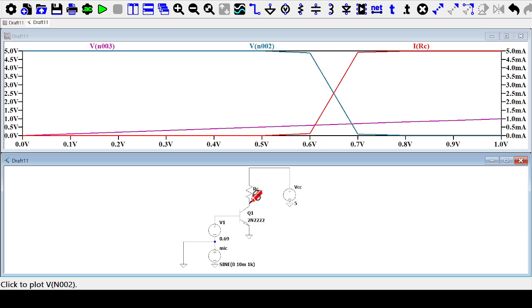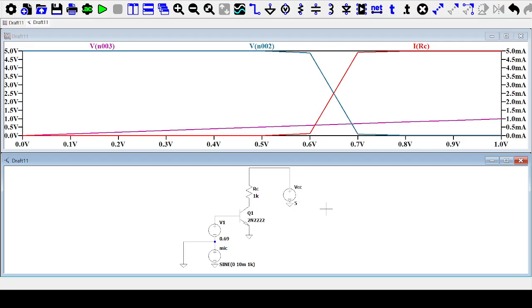When that happens, the collector-base region becomes forward biased, and we leave the linear region and go to the saturation region. For an amplifier, I want to operate within the linear region, where we can have linear amplification, which is very important. When you start doing transconductance and small signal analysis, you will know why the linear region is so important.